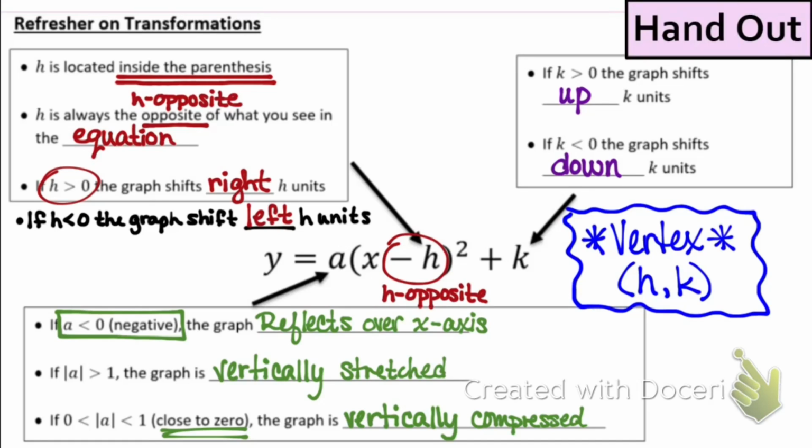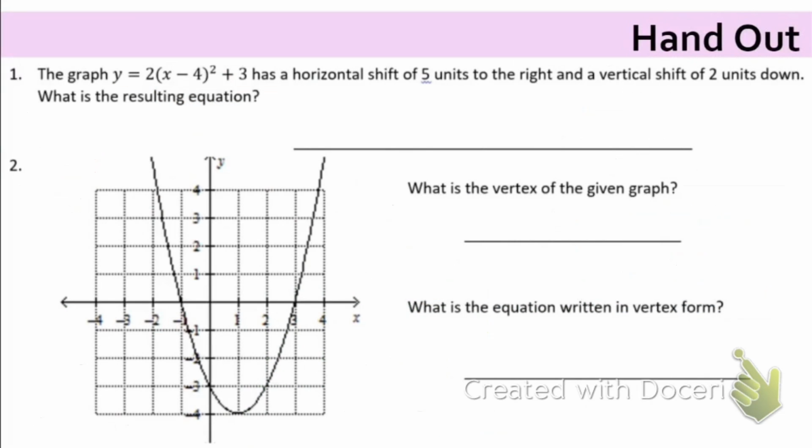Now I'm ready to look down at the bottom part of the page. I want you to look at that graph there. Can you tell me where the vertex is for that graph? What the ordered pair is? (1, -4), right down here.